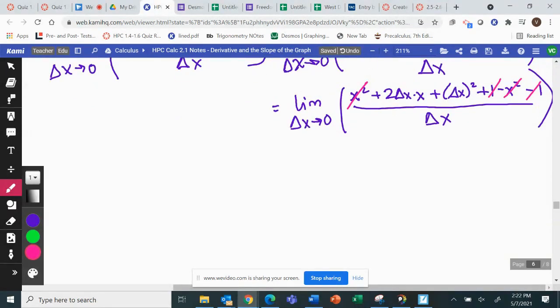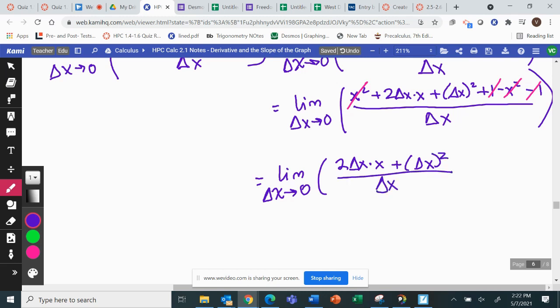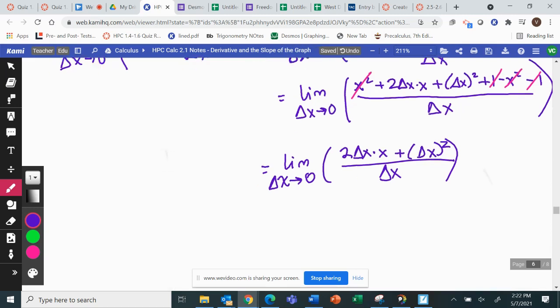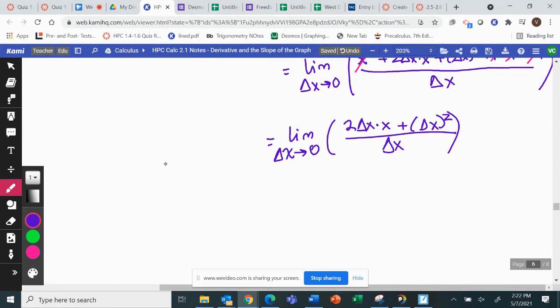And then stuff's always going to cancel when you do this. So the limit as delta x approaches 0, we've got 2 delta x times x plus delta x squared over delta x. So if you can see something cancels right now, you can go ahead and cancel it. If you don't see it, I will show the step in between.